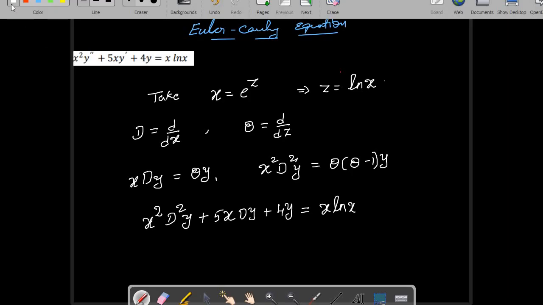By substituting everything in the equation, x square d square y becomes theta into theta minus 1 y, plus 5 theta y plus 4y, which equals, and you have to be careful here, x, it means you need to substitute e power z, and ln x means z. So in place of x we will substitute e power z and ln x is z.